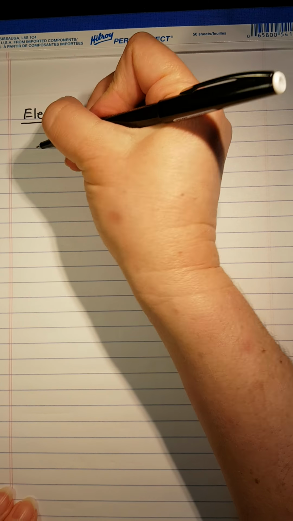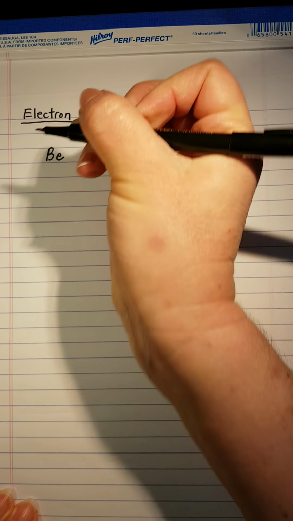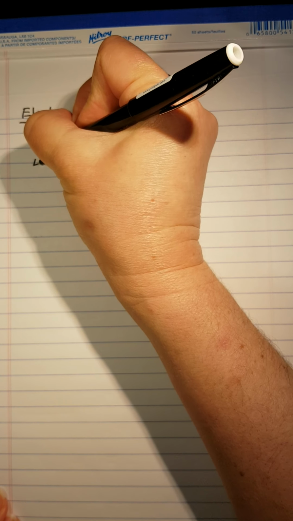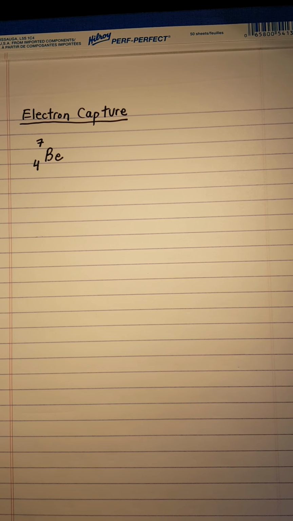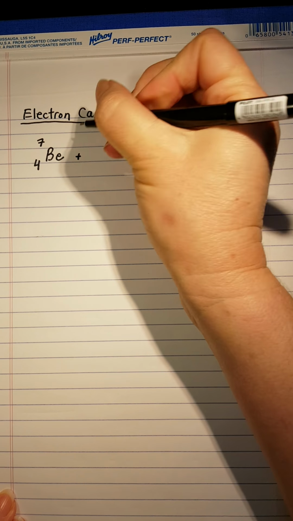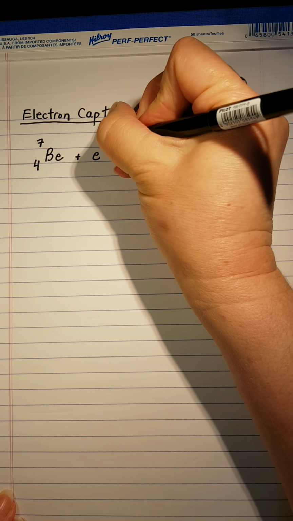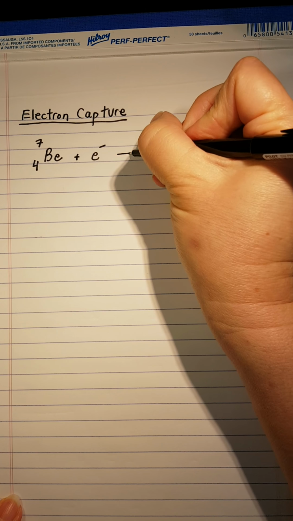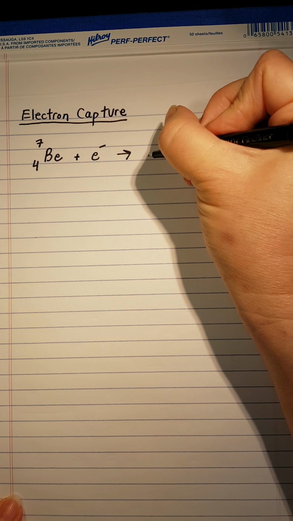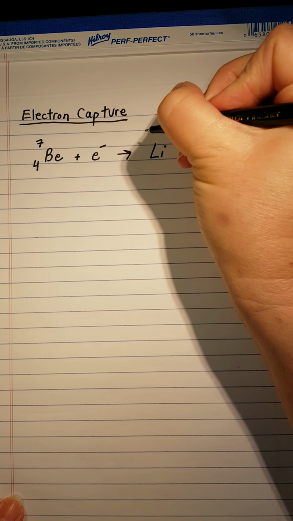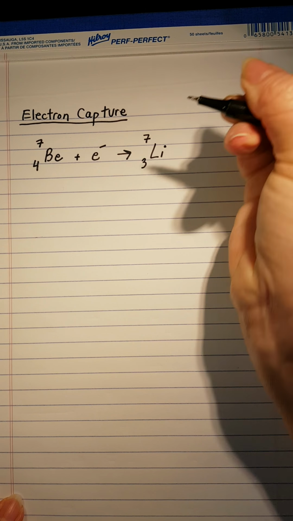a different type of nucleus. So one example of this would be beryllium-7 (7,4), and it gains an electron and it becomes lithium-7 (7,3).